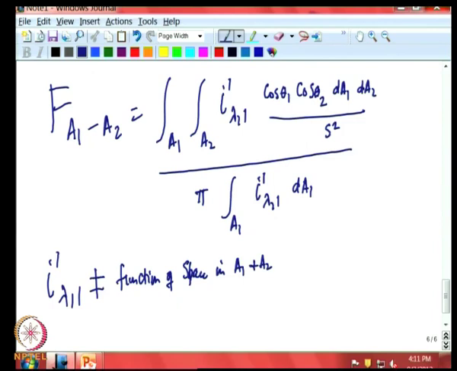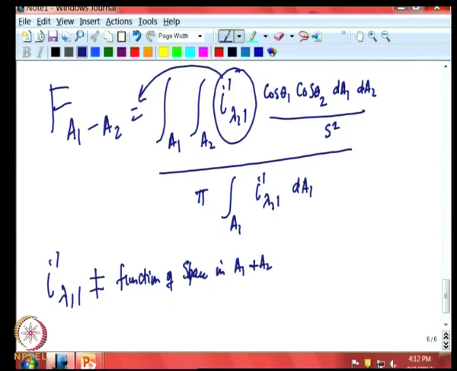If the intensity leaving surface 1 varies with space, then you are in trouble. You cannot take this term out of the integral. If you want to take I prime lambda 1 out of the integration, it should not be a function of space in 1 and 2. When will that happen?